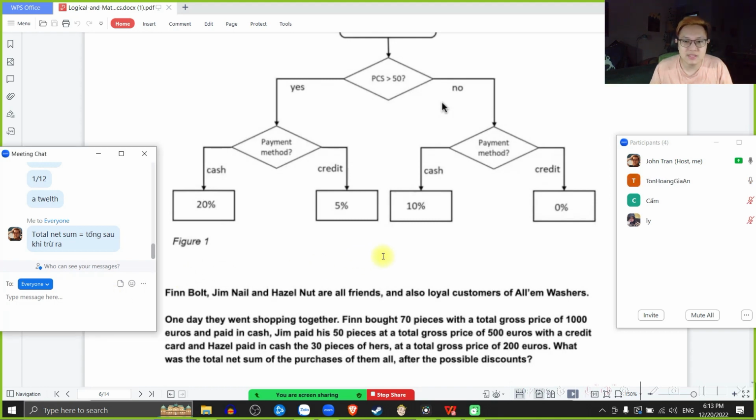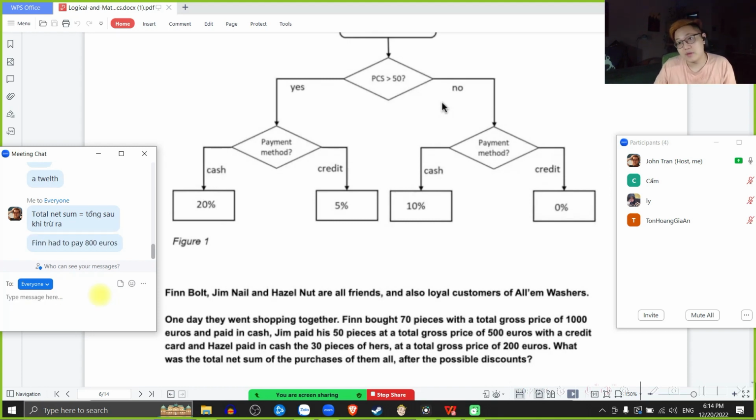Okay. So first, Finn bought 70 pieces. So yes, he paid by cash. So he got 20% discount, right? Còn sẽ được 20% giảm giá. So 1,000 euro and then 20% discount. So Finn has to pay 800, right?